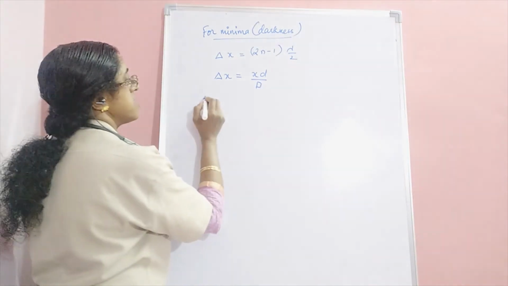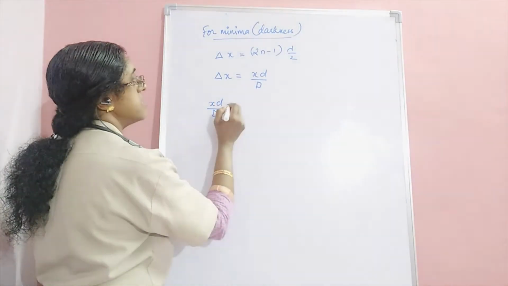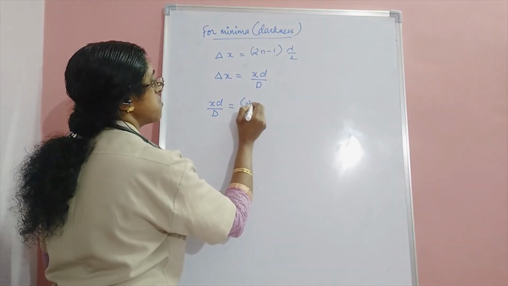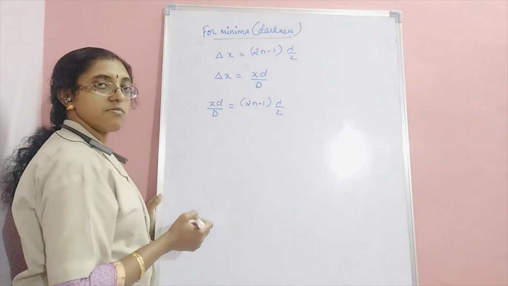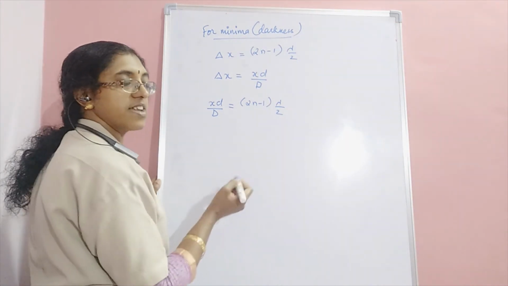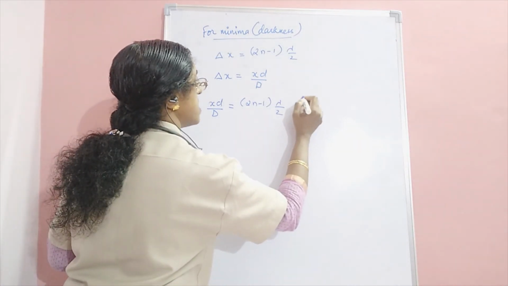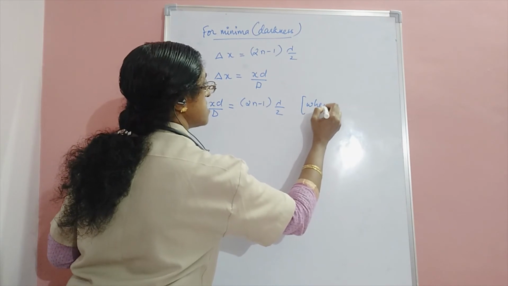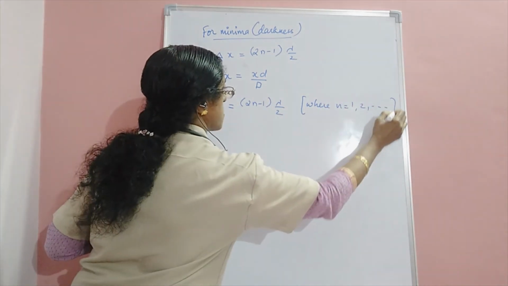For that, I'll equate both of them. xd by capital D is equal to (2n minus 1) lambda by 2. Here n starts from 1 because the central one is already bright, so n cannot be 0. So we'll start with n equal to 1, 2 and so on.